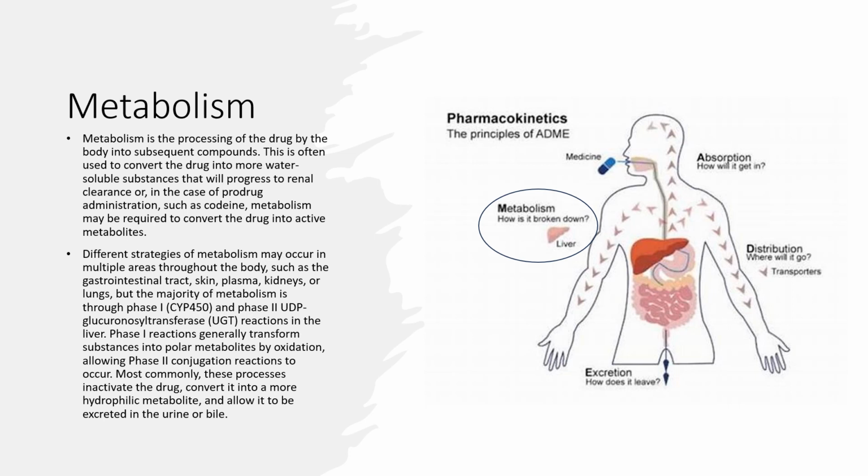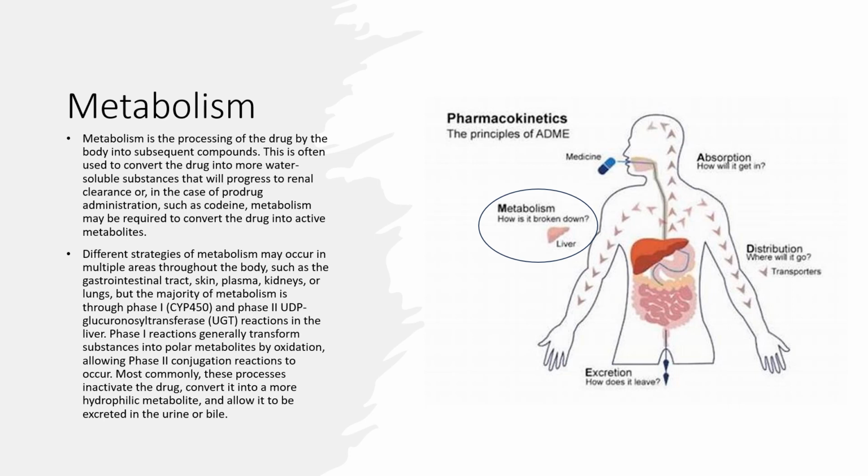Different strategies of metabolism may occur in multiple areas throughout the body, such as the gastrointestinal tract, skin, plasma, kidneys, or lungs, but the majority of metabolism is through phase 1, which is the cytochrome P450 metabolism, which I do have a separate video for, and phase 2, which is the UDP glucuronyl transferase reactions in the liver.